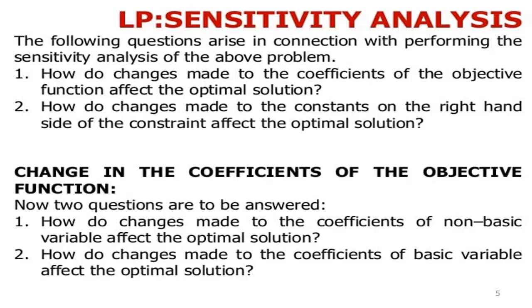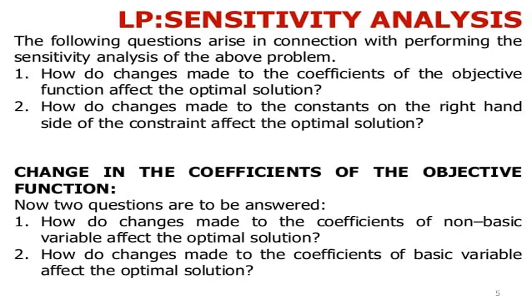If we look at the slide, sensitivity analysis arises in connection with performing the linear programming problem: how do changes made to the coefficients of the objective function affect the optimal solution, and how do changes made to the constants on the right hand side of the constraint affect the optimal solution?